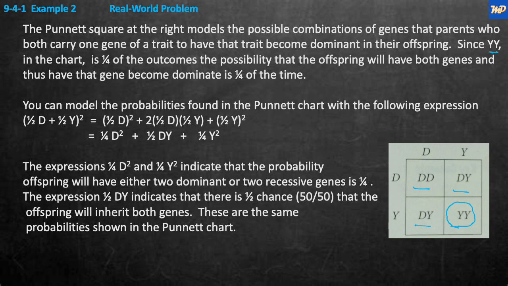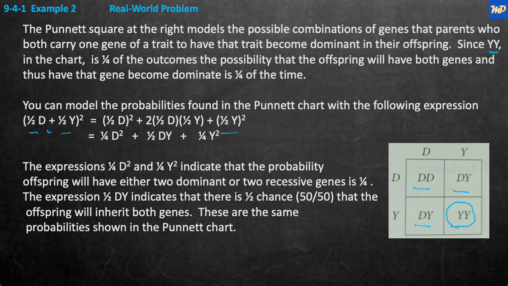And when you do that, you're going to get (1/2 D) squared for the first term. For the last term, you're going to get (1/2 Y) squared. And then for the middle term, it's going to be plus, because it's a plus here, plus 2 times 1/2 D times 1/2 Y. And mathematically, 1/2 squared is 1/4, D squared.